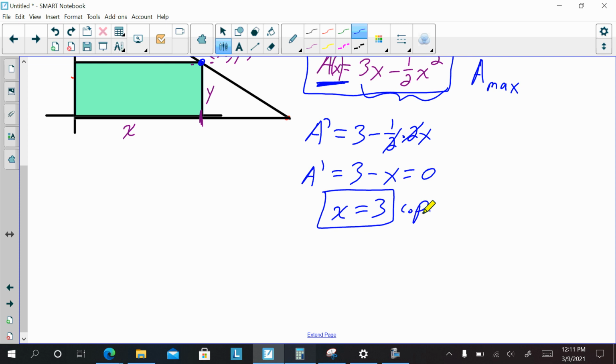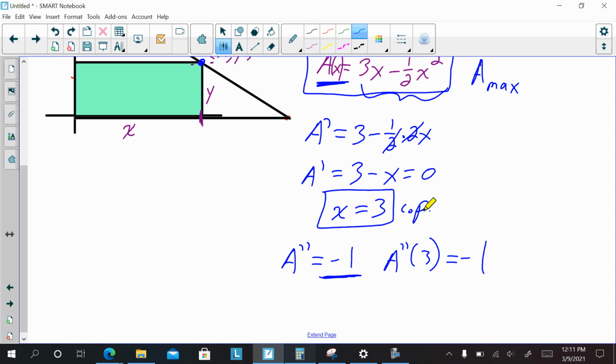So hopefully that's going to be a maximum and not a minimum. How do we verify that? We verify that using either the first derivative or the second derivative test. So let's take the second derivative. If this is our first derivative, our second derivative is minus 1. So if we substitute our critical point into our second derivative, it's minus 1 because our second derivative is a constant.